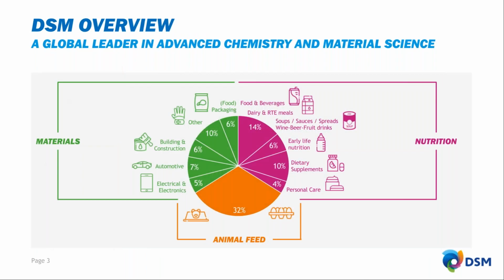So just a quick overview of DSM as a whole. DSM is not just a material company. We're a company that is very diverse, as you can see on this slide. We cover everything from the plastics that we're talking about today to nutritional supplements, to animal feed, personal care products. So we've got the three: materials, nutrition, and animal feed sectors.